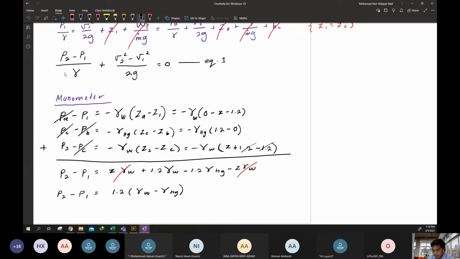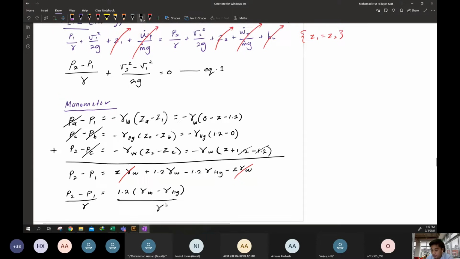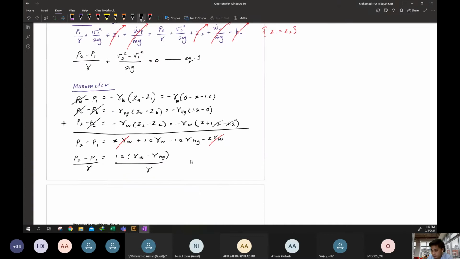So how to form this section? The first part, we can divide all this with gamma, in order to substitute. So this is gamma of water, yeah. So we will only have 1.2 times gamma of water, 1 minus gamma of mercury over gamma of water. So let's say this is equation 2.